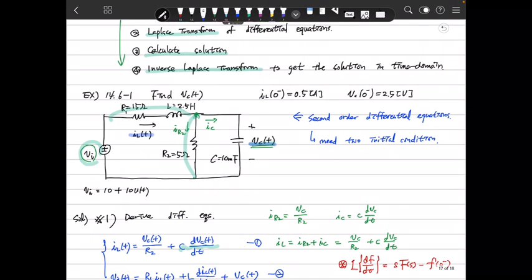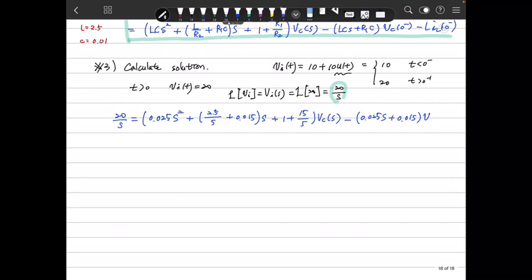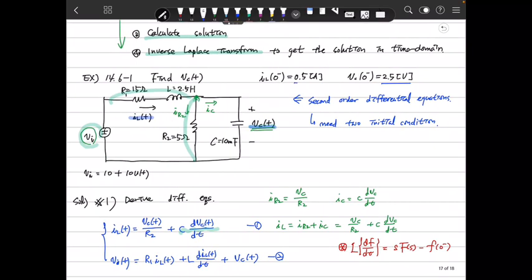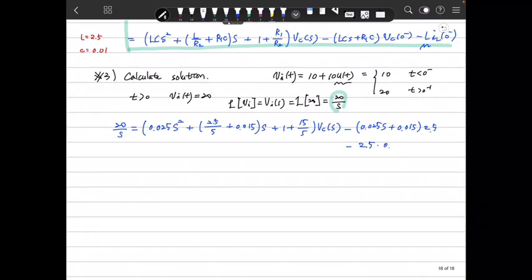VC was 2.5, so that value was 2.5, and the initial current value is minus, inductance is 2.5, and the initial current is 0.5.